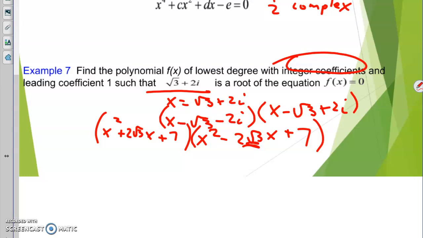Notice that my middle term sign has changed. And if I FOIL all of that out, and you should take the time to do this, pause it and do it, I get x to the 4th plus 2x squared plus 49. And so now I have all integer coefficients that give me that root.